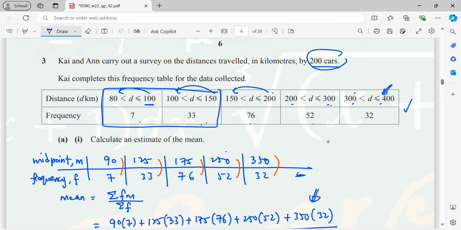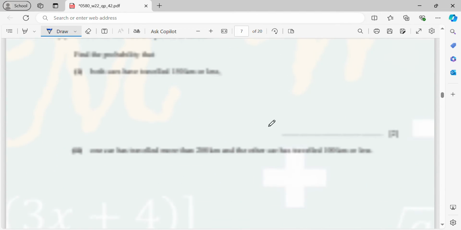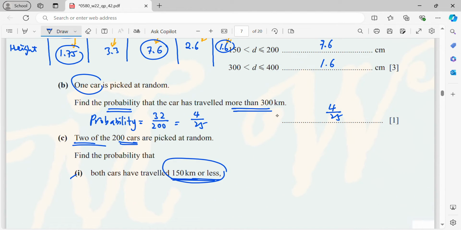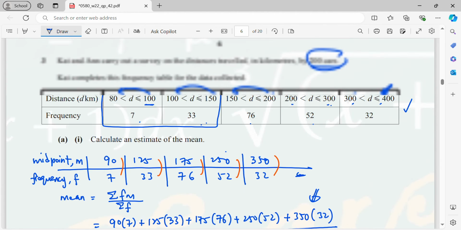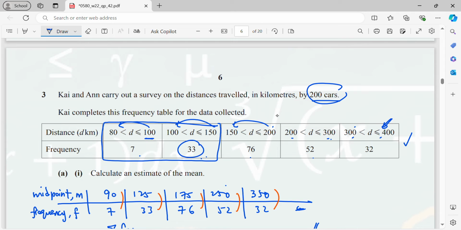Therefore, from here, I will write P(D less than or equal to 150). This is for the first car, and the intersection symbol means times. The second car is also less than or equal to 150 kilometers. And then the total is you add these two values. So 33 plus 7, that is 40. So 40 cars out of 200 cars.